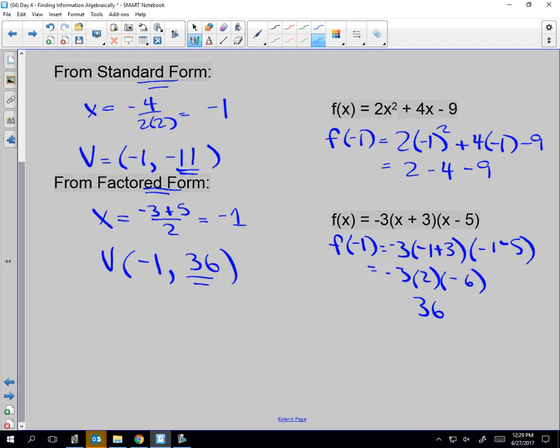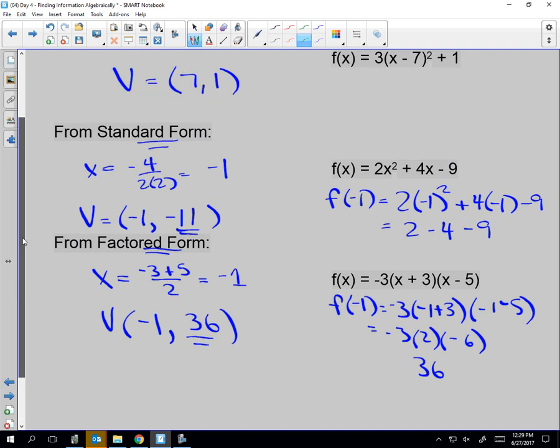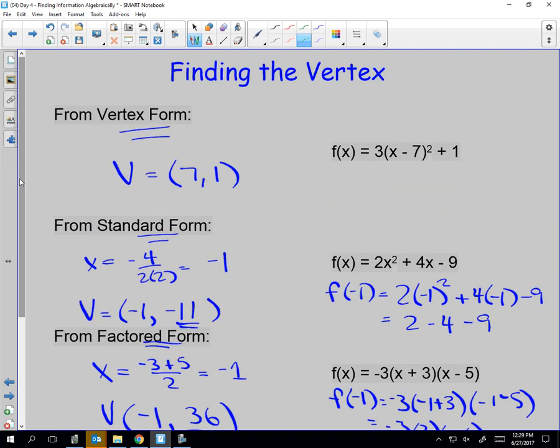Okay, now, how do we handle domain and range? So we have the vertex of all of these graphs. So we could look at the quick sketch of the graph. This first one, 7, 1. So 1, 2, 3, 4, 5, 6, 7, up 1. Here's our point. There's the vertex point right there.